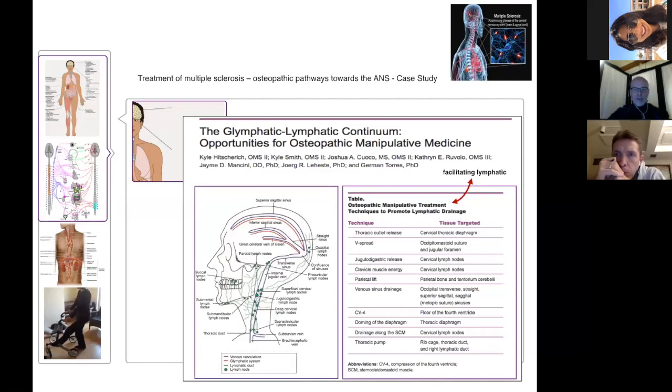All these structures that we're specifically having an effect on within the context of our cranial work, within the context of our drainage on the lateral aspect of the sympathetic chain, and of course our ventral portion of the neck, as I discussed before.